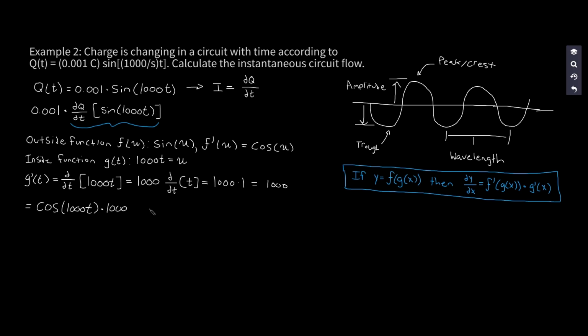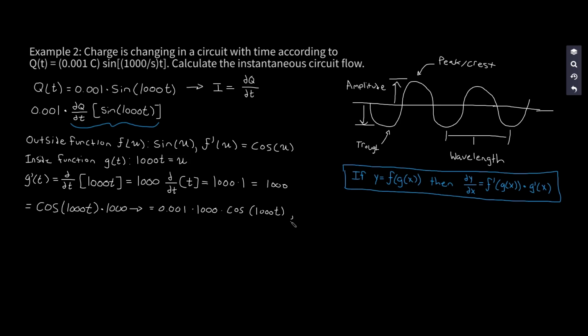And at the beginning, we originally factored out this 0.001, so we're going to have to multiply that back. Really what this is going to be is 0.001 times 1000 times cosine of 1000t.